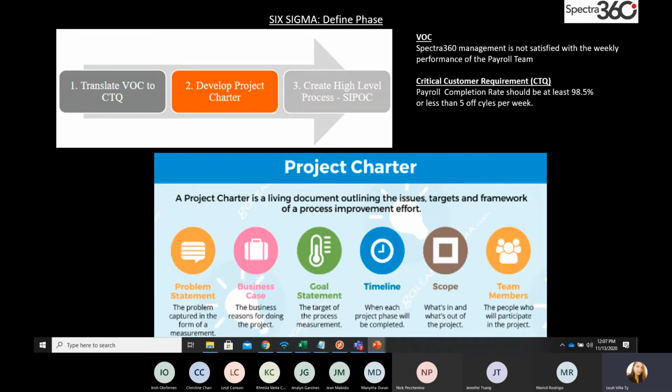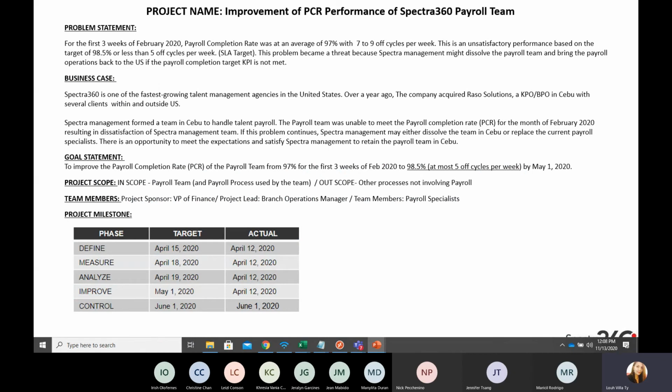This is my project. Can anyone please read the problem statement? Geraldine, can you please read? Problem statement: For the first 3 weeks of February 2020, payroll completion rate was an average of 97% with 7 to 9 off cycles per week.